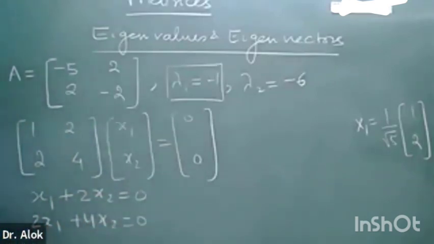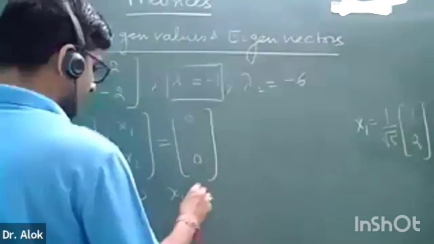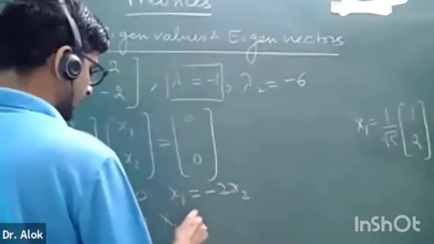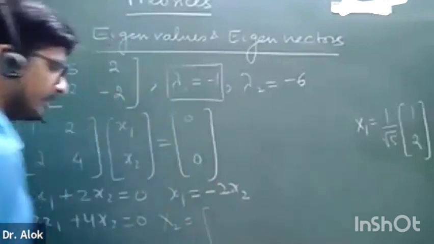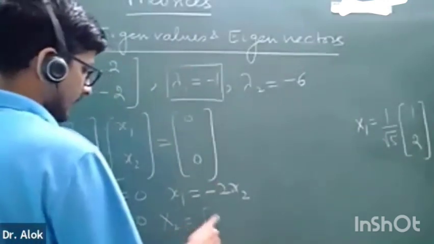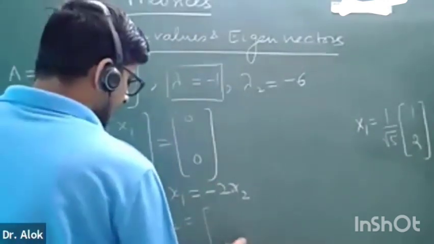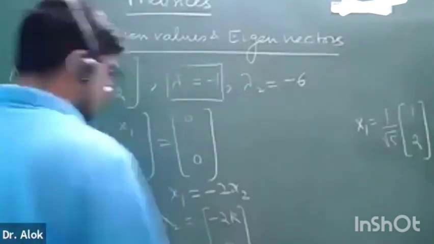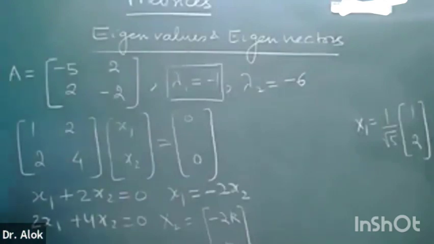Again these two equations are the same, correct? So what is the value? x1 is equal to minus 2x2. This is the value. So my x2 vector will be like this. If I write x2 as k, it will be minus 2k, correct?